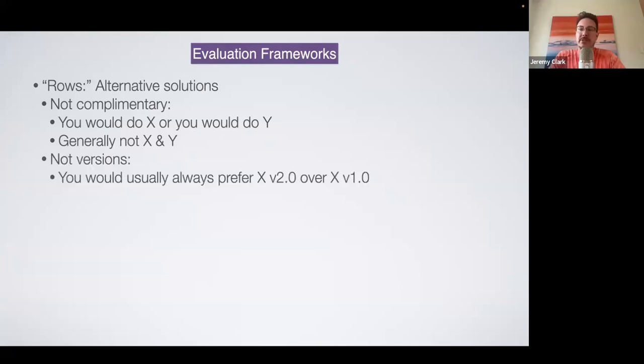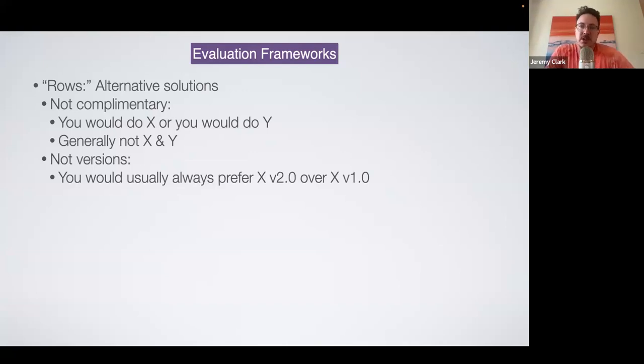Another thing you shouldn't do is compare newer versions to older versions. An example would be Wi-Fi security, where you compare WEP, the old Wi-Fi protocol, to WPA 1 to WPA 2, et cetera. In this case, WPA 2 is better than WEP.